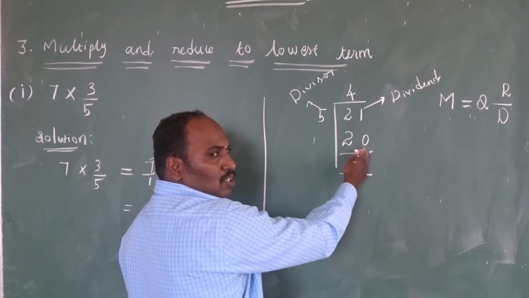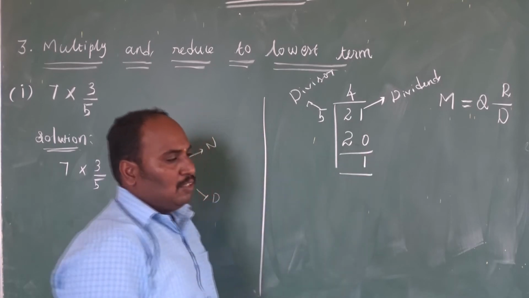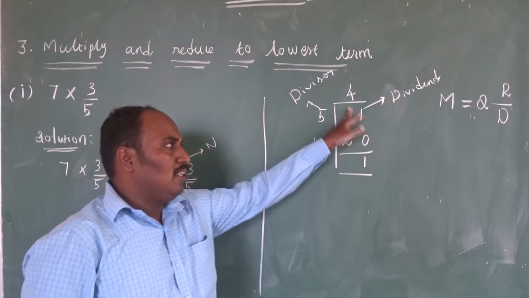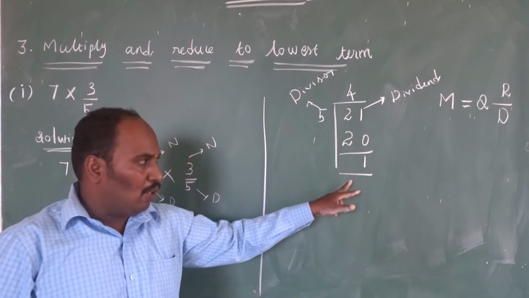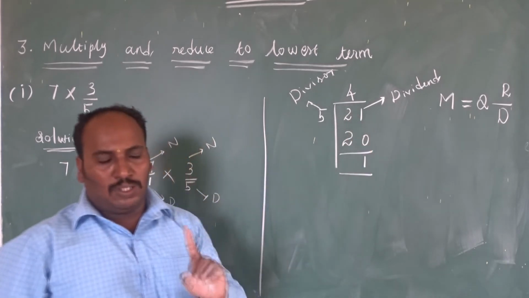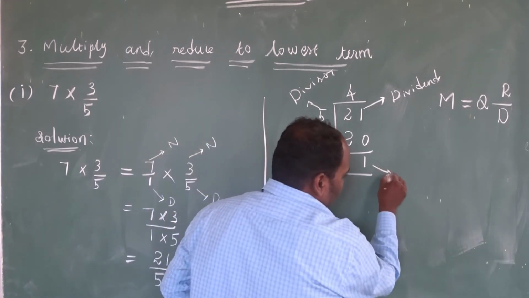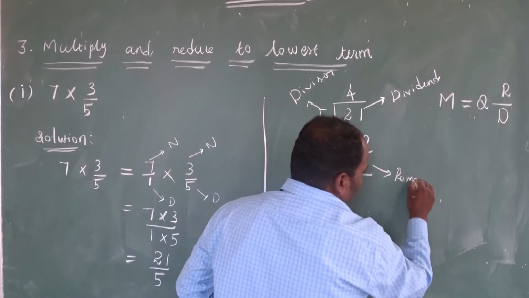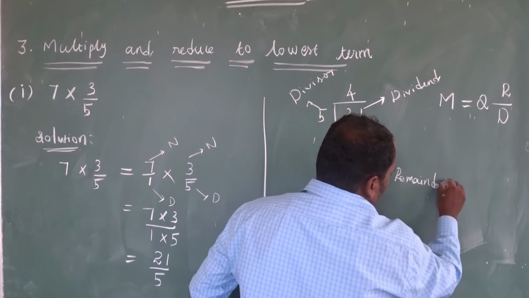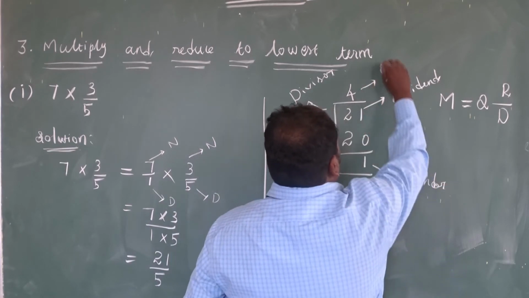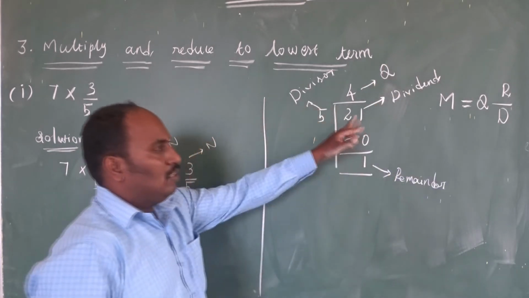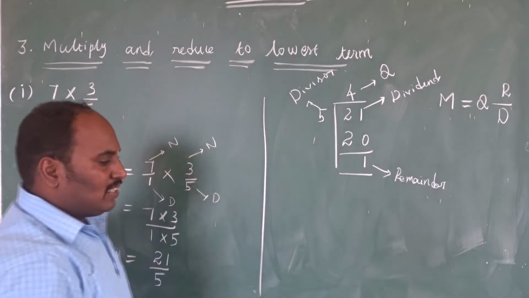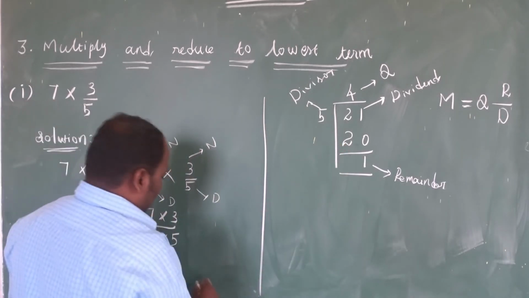1 minus 0 is equal to 1. So the remainder part is 1, because 2 minus 2 is equal to 0, so 1 minus 0 is equal to 1. It is the remainder part. So 4 is the quotient part. So we want the mixed fraction.